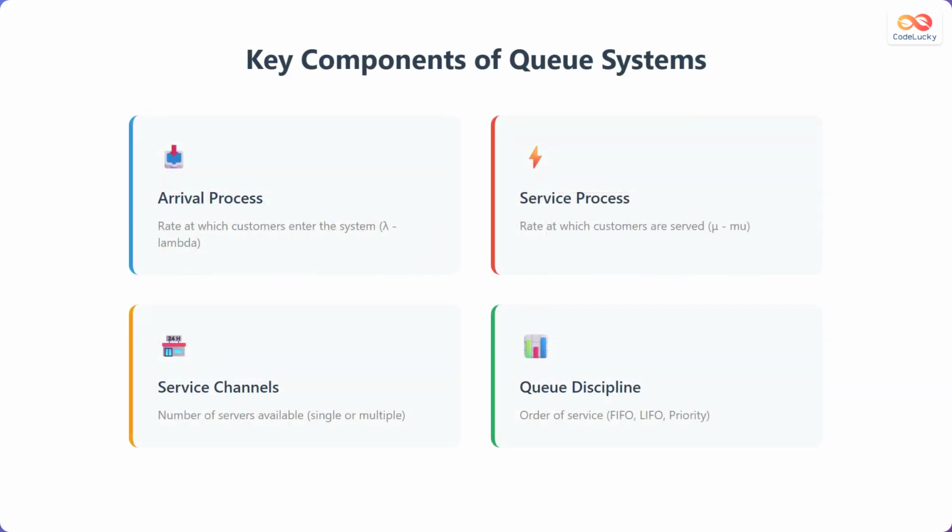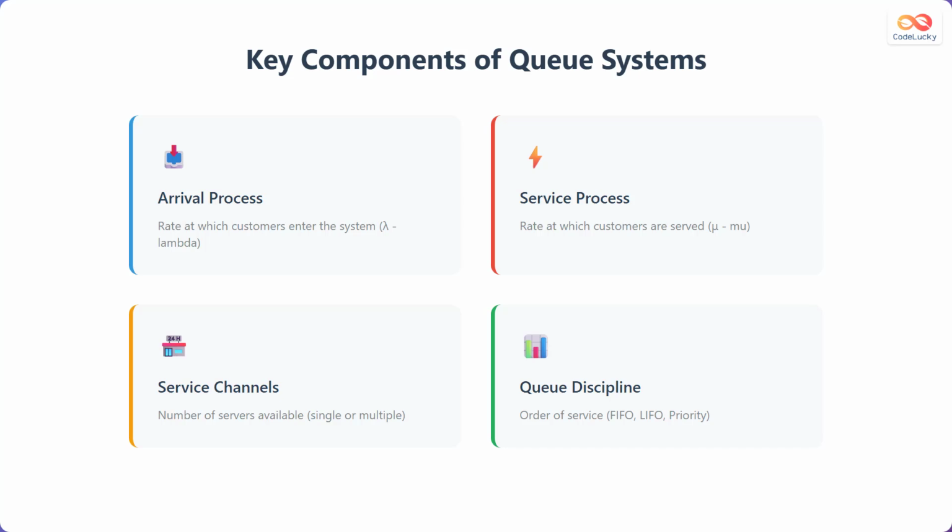Every queue system consists of 4 key components. The first is the arrival process. This refers to the rate at which customers or entities enter the system, and it's often denoted by the Greek letter lambda. Next, we have the service process. This represents the rate at which customers are served, and it's typically denoted by the Greek letter mu.